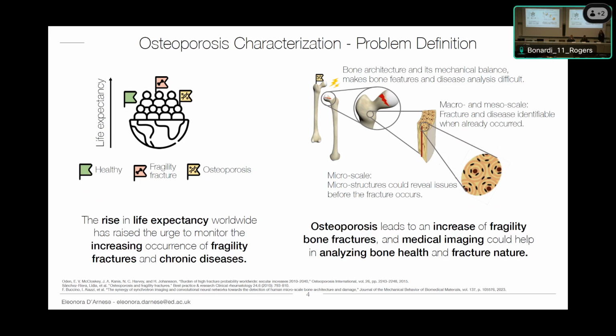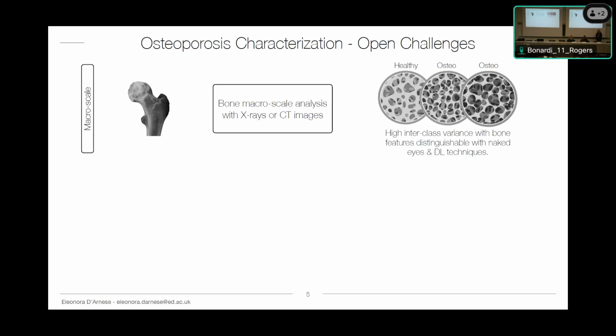At the macro and mesoscale, we know that a fracture is identifiable only when it has occurred. But at the micro scale, if we learn to understand how the structure of the bone is and how it changes, we can really start to predict fractures before they occur. We have some problems here, because at the macro scale we have X-rays and CT images, which are quite nice.